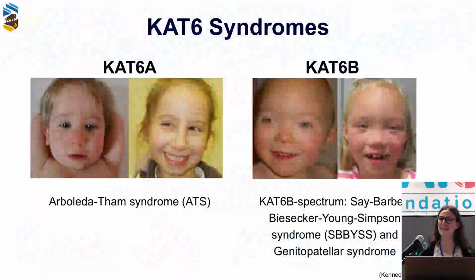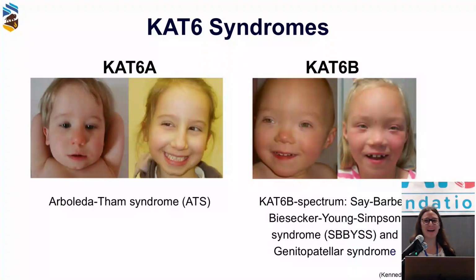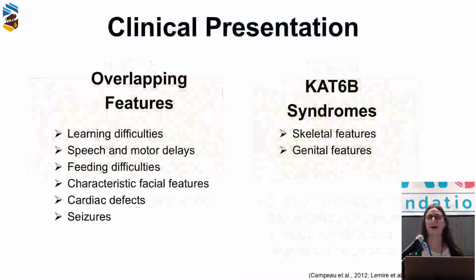So first I'll give a very brief overview. I think the past presenters highlighted the features of KAT6 syndromes very nicely. So again, just a reminder that genetic changes in the KAT6A gene cause KAT6A syndrome, and genetic variants in the KAT6B gene cause a spectrum of KAT6B syndrome, most notably SBBYS and GPS syndrome.